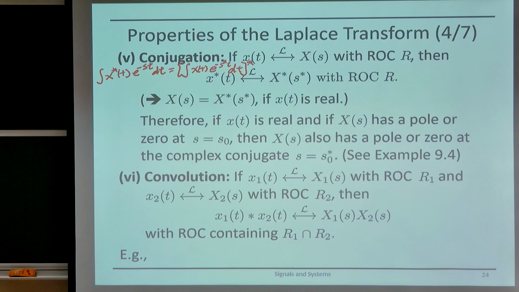So this complex conjugate goes away, but you need to add a complex conjugate to s. The thing inside the bracket is the Laplace transform of x at the point s star, and the whole thing is the complex conjugate. So this gives you X of s star, the whole thing complex conjugate. It's a sort of one-line derivation of this.